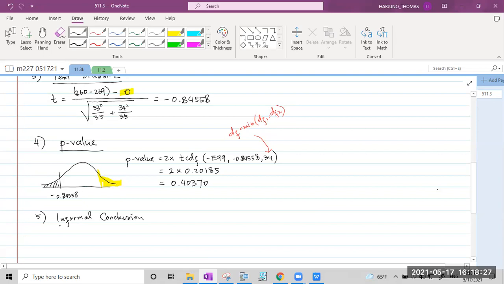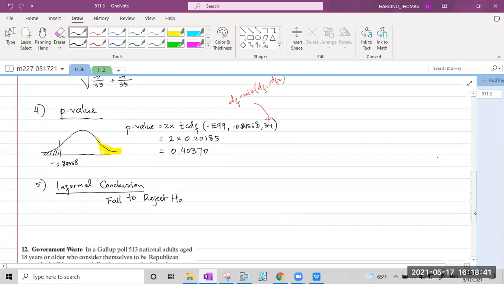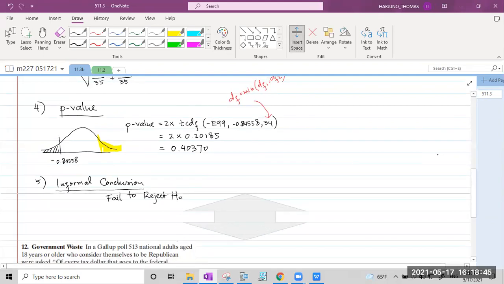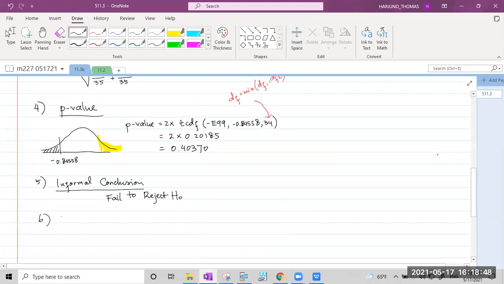Now then, the conclusion. Because the p-value is greater than alpha, we fail to reject the null hypothesis. Failing to reject the null hypothesis, the conclusion will be that there is insufficient evidence. The alpha is 5%.